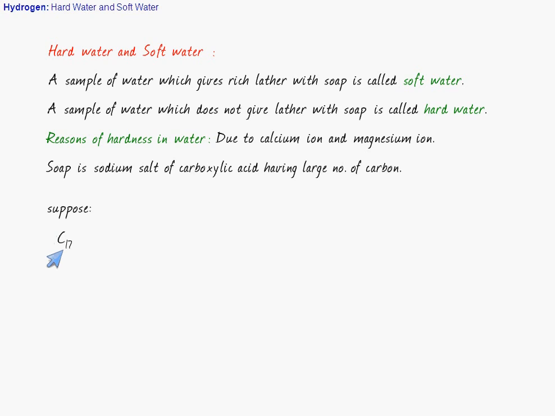Suppose we have got soap having 17 carbons, C17, then we have got H35, and then we have got COONa. This is the soap. When the hard water is containing calcium ion Ca2+, now when hard water comes in contact with soap, we will get calcium salt (C17H35COO)2Ca, and this will become here 2Na+.